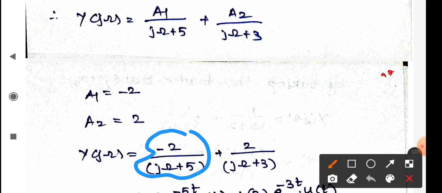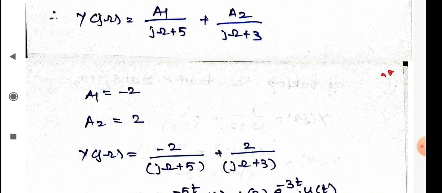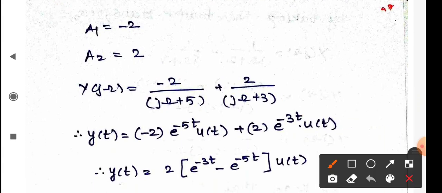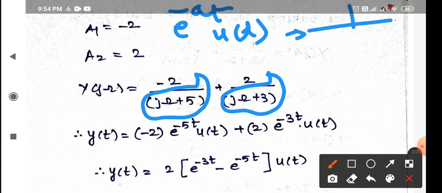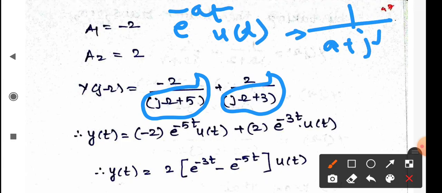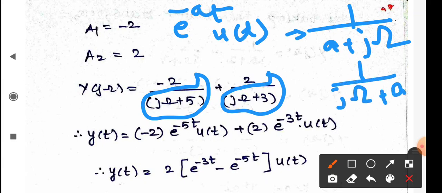Just let me substitute the values here. It is of the form 1 upon j omega plus a. e raised to minus at u of t will have the Fourier transform 1 upon a plus j omega, or 1 upon j omega plus a.